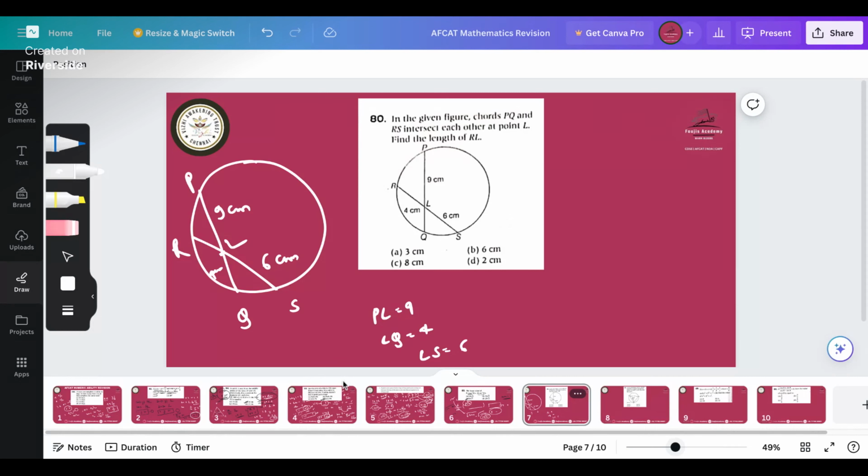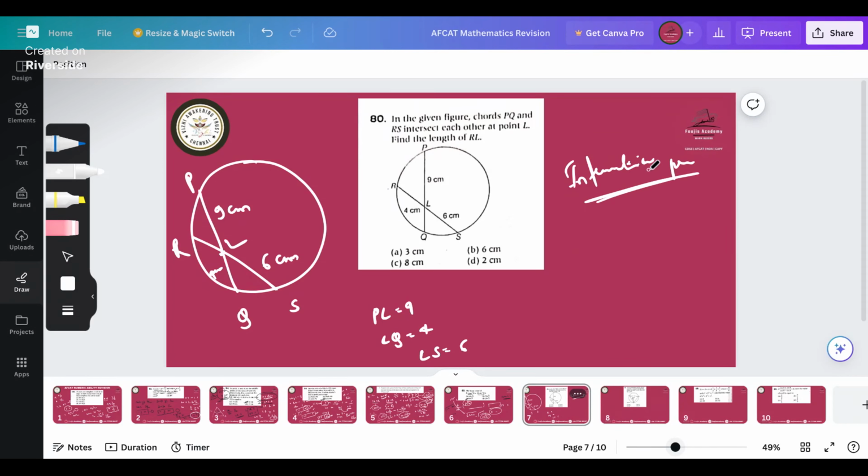Okay, so there is a property of circle, and we call it the intersection property. In any circle, something like this happens. So let's say A, O, B, C, D. In that case, AO into OB is equal to CO into OD.